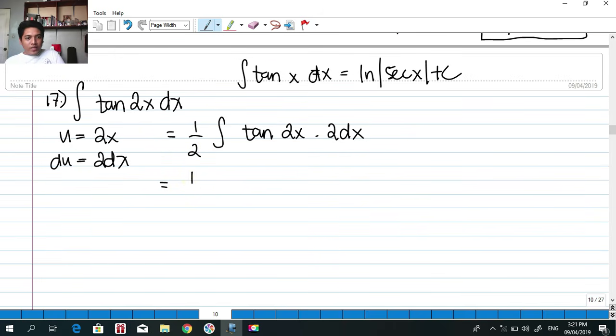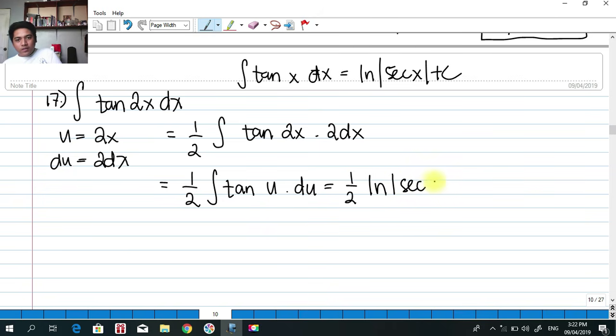So evaluating that, 1/2 the integral of the tangent of u, because 2x is u, and 2 dx is simply du. And again, evaluating tangent u du should lead to 1/2 of the ln of the absolute value of secant u plus c.